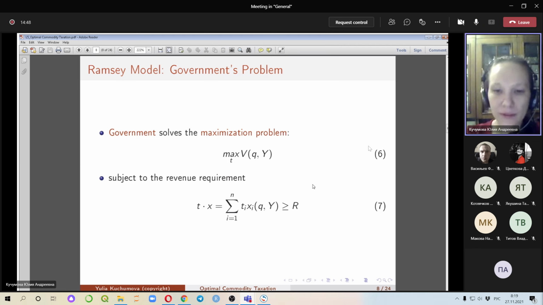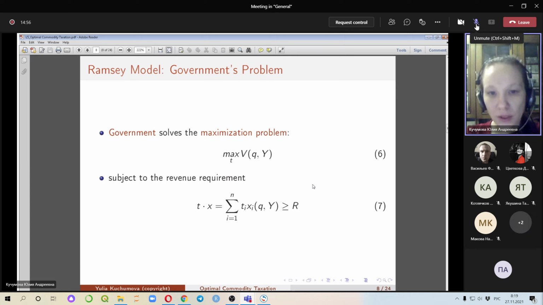Excuse me, what is R? It's just a constant in our problem, some exogenous requirement. In this problem, it's just given. In practice, it's like there is a government budget or something like that, and they calculated that they need to collect that amount of taxes.